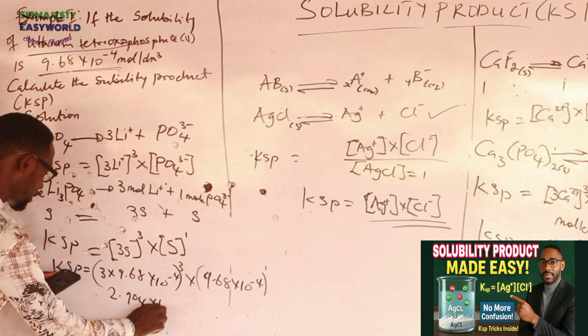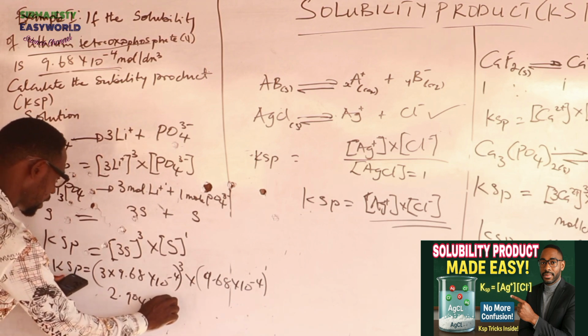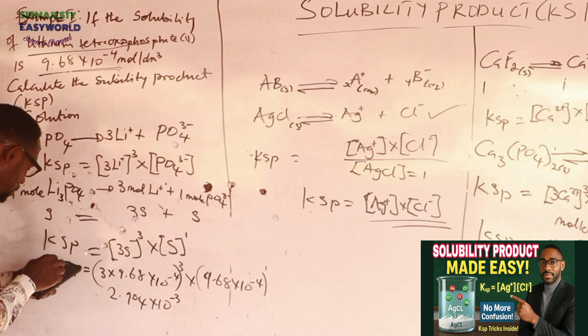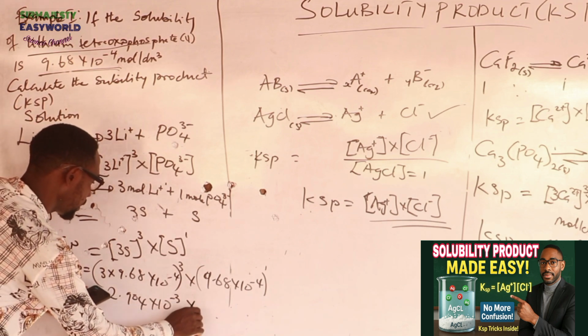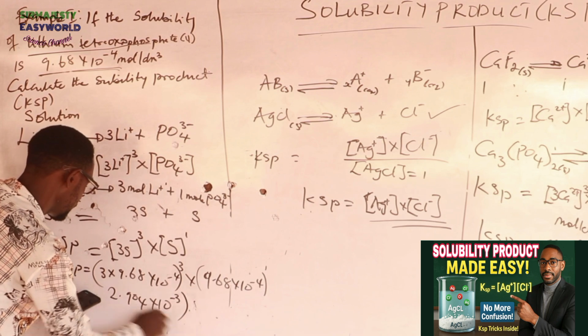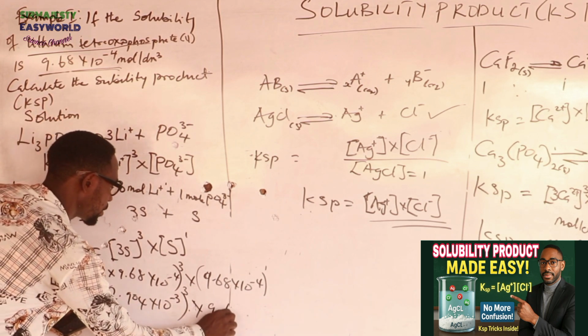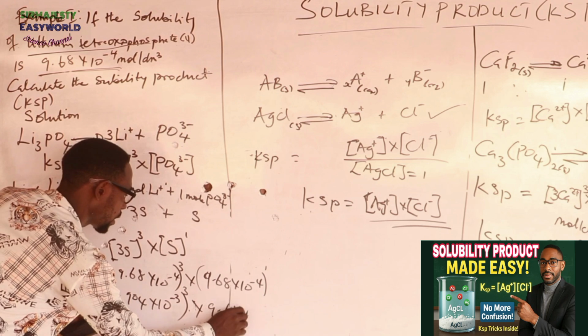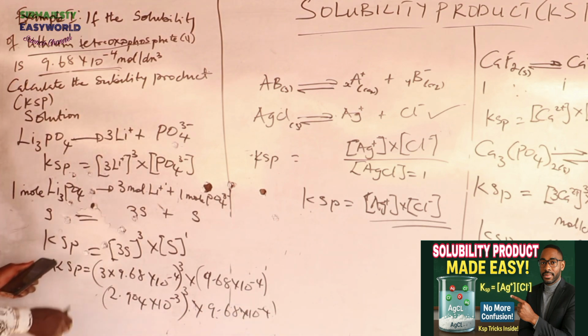2.904 times 10 raised to the power minus 3. Then you raise it to the power 3 again, multiplied by 9.68 times 10 raised to the power minus 4. That gives us our Ksp.